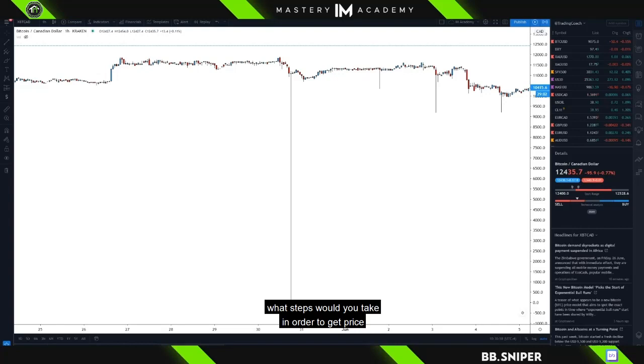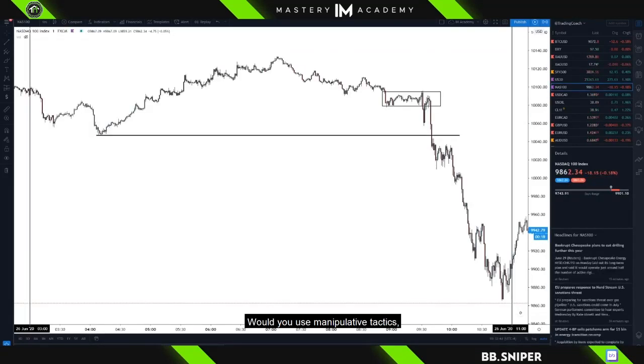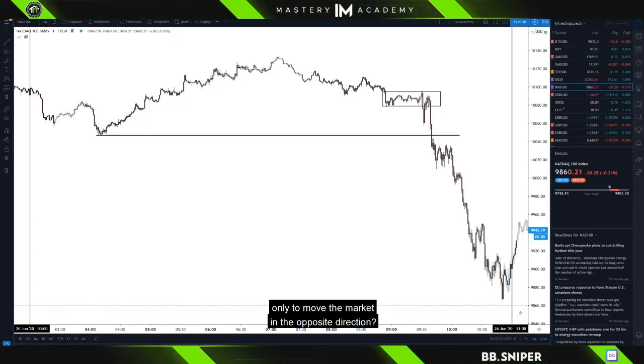What steps would you take in order to get price from one point to the next while minimizing your risk and maximizing your potential profits? Would you use manipulative tactics, such as allowing people to believe that they were right on the positions they took initially, only to move the market in the opposite direction?